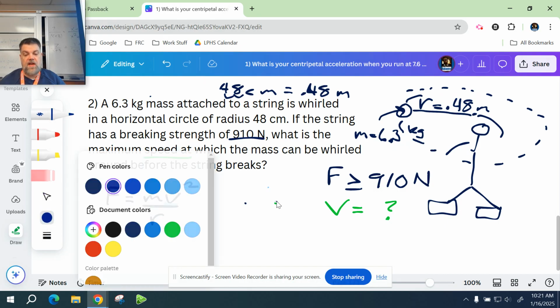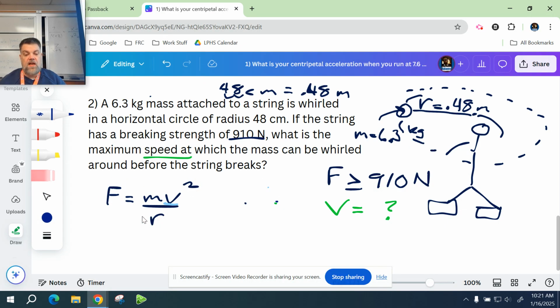To move the r away, since r is dividing, I simply multiply both sides by r. These r's cancel, and the next line would be F times r is equal to m v squared.